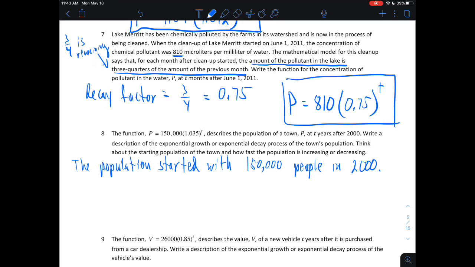Now, is the population increasing or decreasing? Well, take a look at the number that's in the parentheses, 1.035. That's exponential growth. So the growth factor is 1.035.